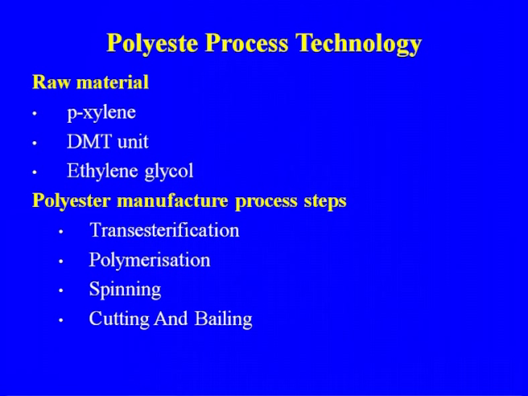The steps are transesterification, polymerization, spinning, cutting and baling. For spinning, we have three types of spinning process: melt spinning, dry spinning, and wet spinning.